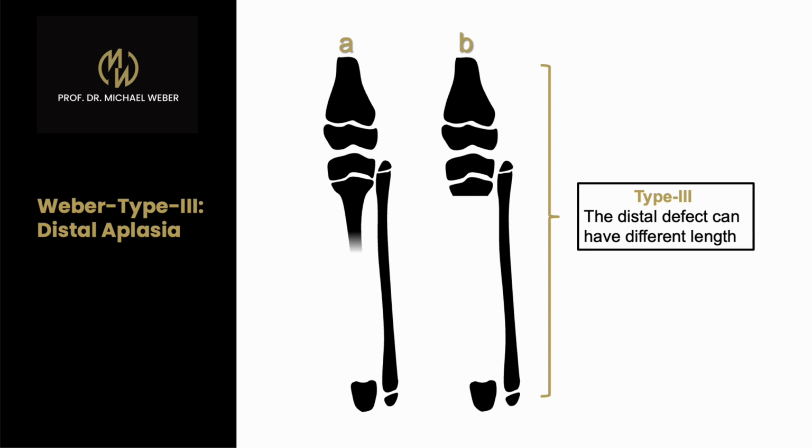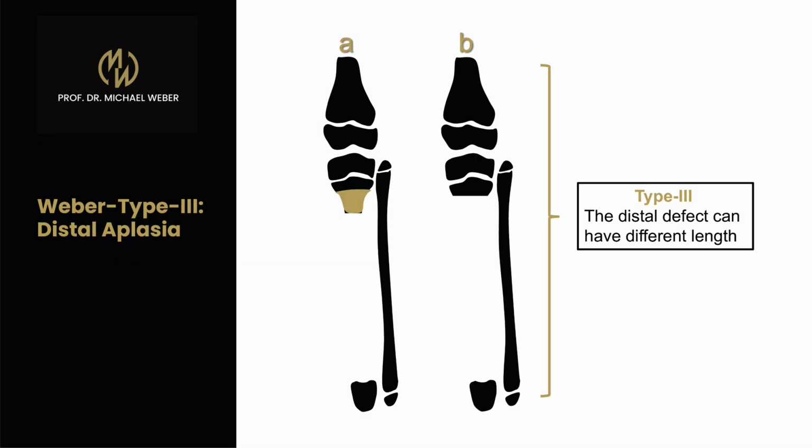Or with type A, the same, till only a little rest of tibia is there, but the defect is towards the foot. And this is also the same principle in the other forms, where the defect is proximal, where the defect is on both sides. It can be in different lengths. So hundreds of different lengths can be seen in this rare disease, but still the same type.